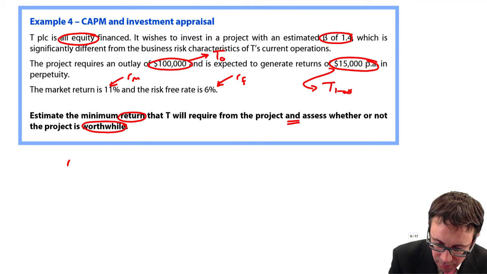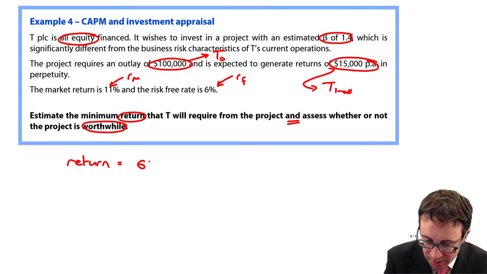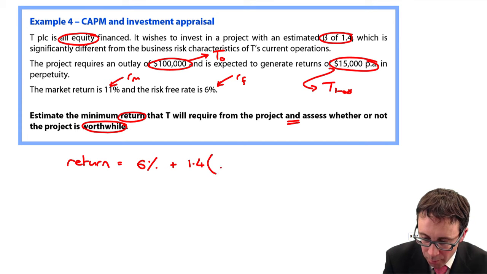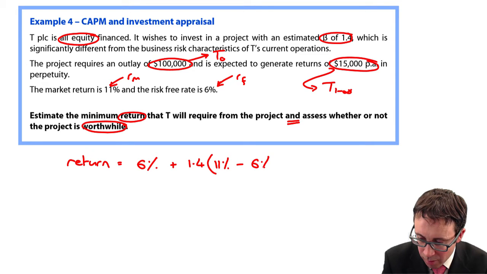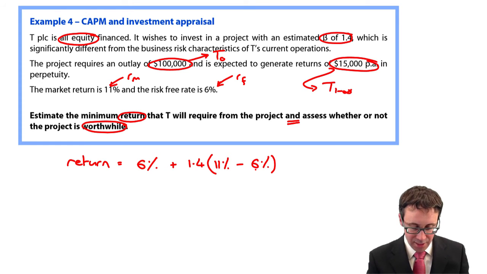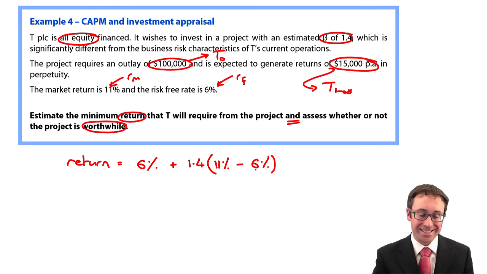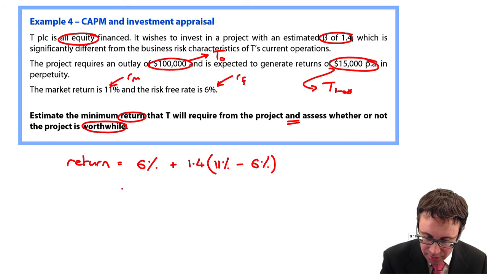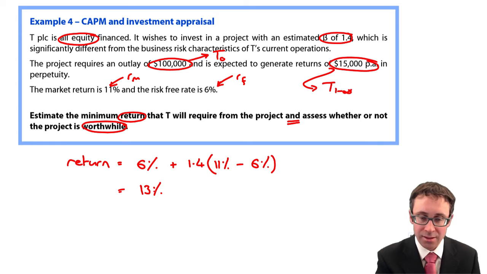To work out the return, we take our risk-free rate, is it 6%? We then add on beta 1.4 multiplied by the difference between RM and RF. 11 less 6, last time I checked, was 5? 5 times 1.4 is 7, and 7 plus 6 is 13, isn't it?